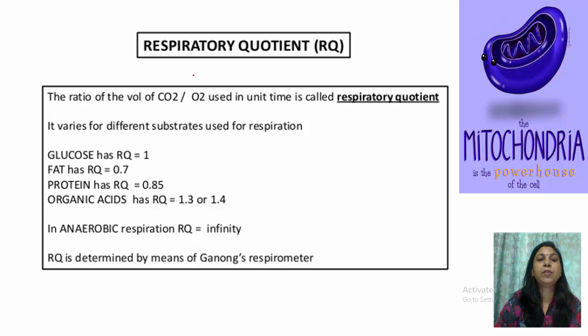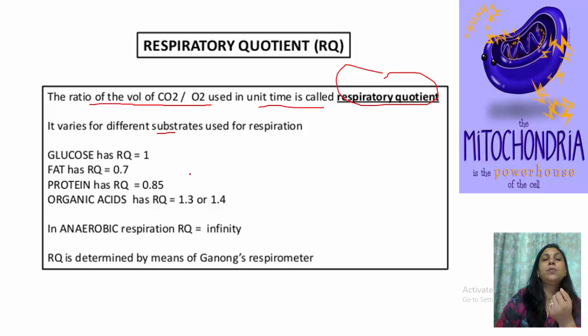Now, what is respiratory quotient? The ratio of the volume of carbon dioxide to oxygen used in unit time is called respiratory quotient. It varies for different substrates. As we have studied earlier, usually we take glucose as the substrate. Otherwise, the substrate may be fat, protein or organic acid also.